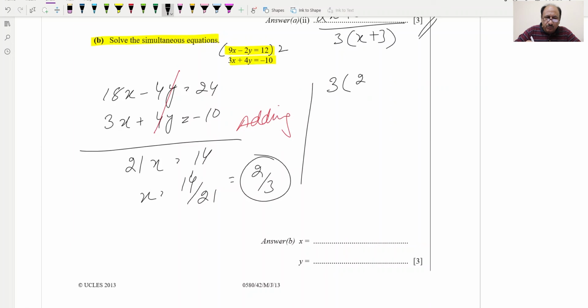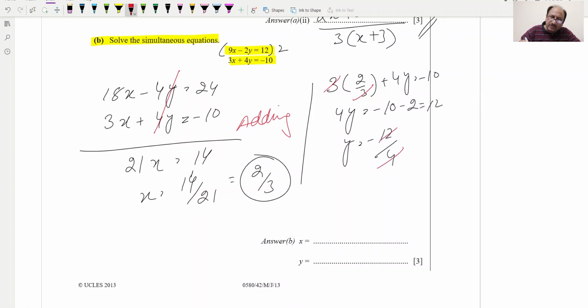So 3 into 2 by 3 plus 4y is equal to minus 10, and this will be cancelled, and this will be 4y is equal to minus 10 minus 2, which is equal to minus 12. So y will be equal to minus 12 by 4, and after cancellation we will get minus 3. So y is minus 3 and x is 2 by 3, and this was a 3-mark question which we are done with.